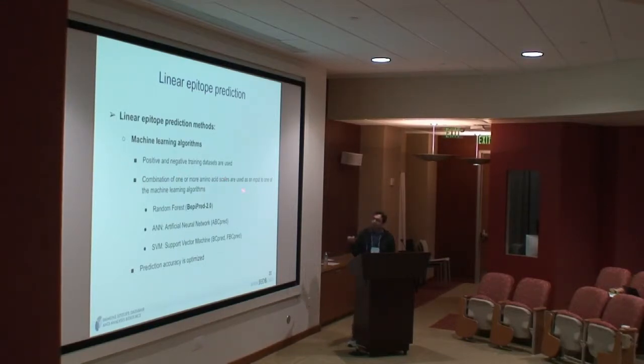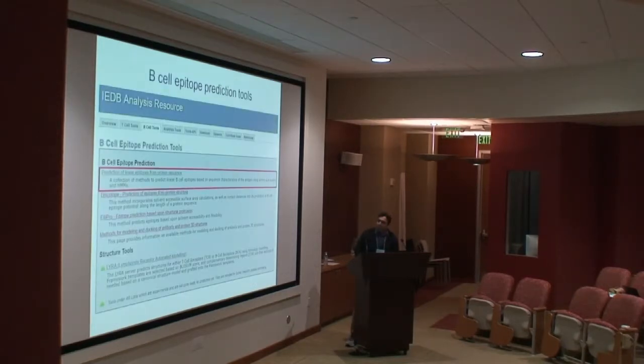You get some features, including these amino acid scales, input those to machine learning methods, as Bjorn and Sandeep had already talked about, and then predict epitopes, optimize prediction on the training data set, and test it on a completely blind testing data set. So with that, I'll move on to how you can use these tools.